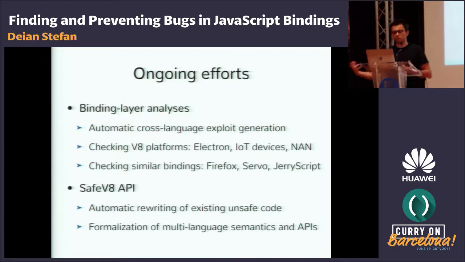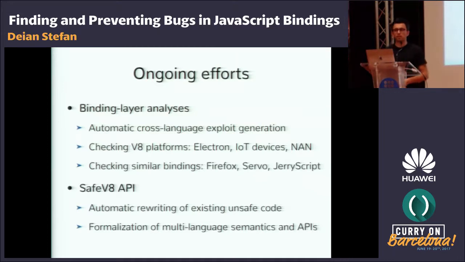But beyond that, we also want to look at other platforms. There are a lot of V8 platforms. One of them is Electron, which takes basically Chromium and Node.js and gives you a way of building desktop applications. So what makes it interesting is, can we look at Electron and see what kind of problems arise there at the binding layer? Or IoT devices that are exposing hardware directly to JavaScript, what kind of binding layer problems arise there?